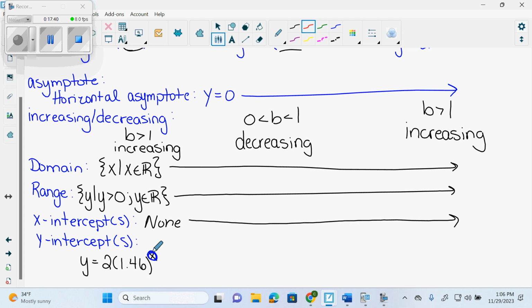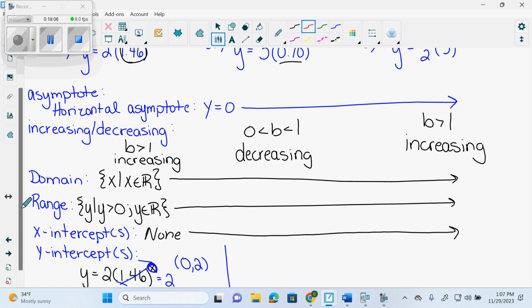Put something in your calculator to the power of 0. It's a 1. Anything to the power of 0 is 1. So this becomes a 1. What's 2 times 1? 2. So my y-intercept is at (0, 2). You must write it as a coordinate.